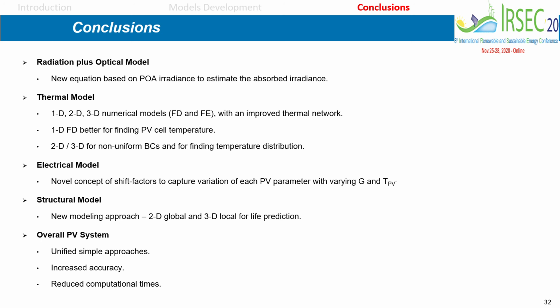And we have developed a structural model based on 2D global modeling and then 3D local modeling to predict the lifespan of PV panels, and we found that it is much less than the 25 years given by the manufacturer when you are in areas like Qatar or any equivalent desert areas.